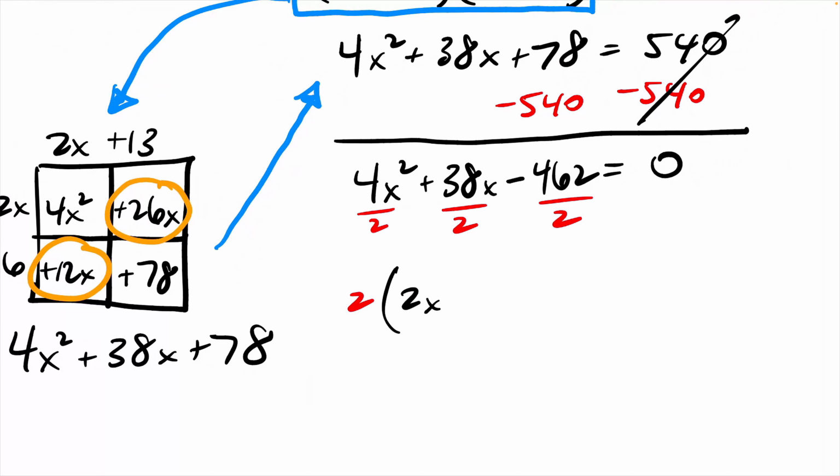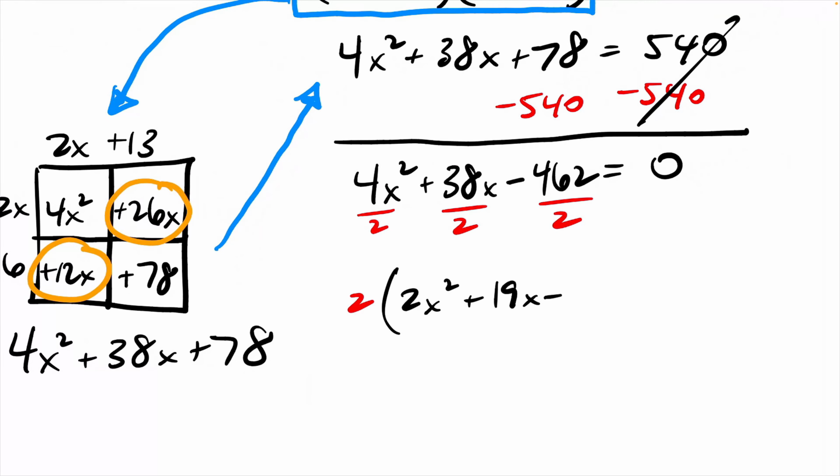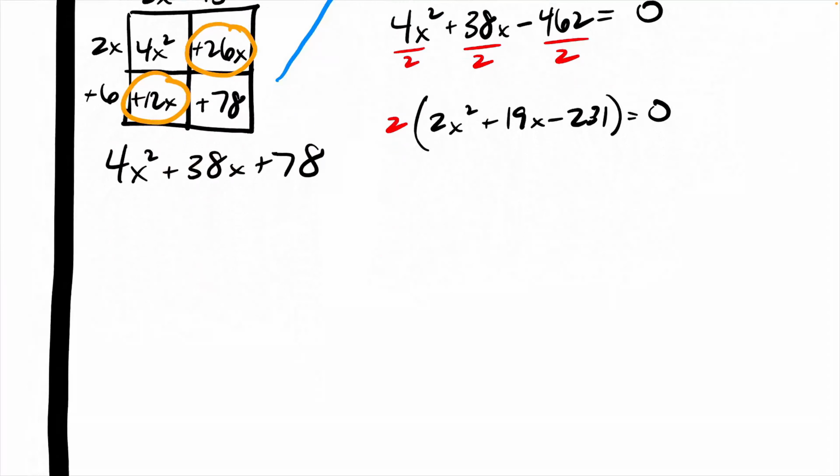I get 2x squared plus 19x, and then half is, I think, 231? Yeah, 231. So A is 2, B is 19, C is negative 231.